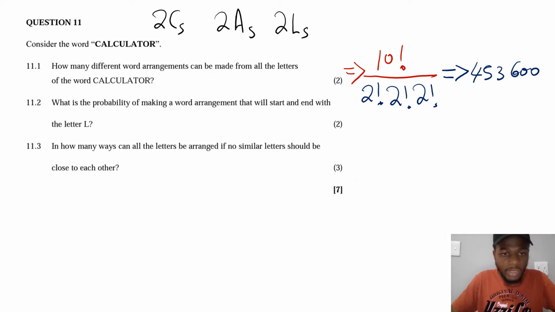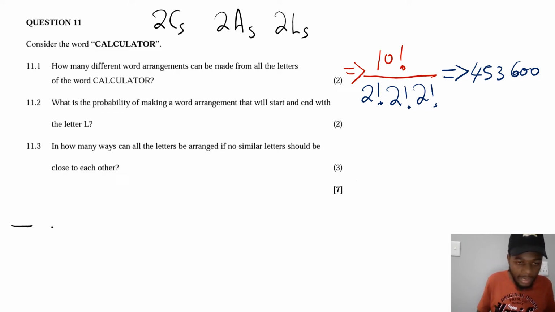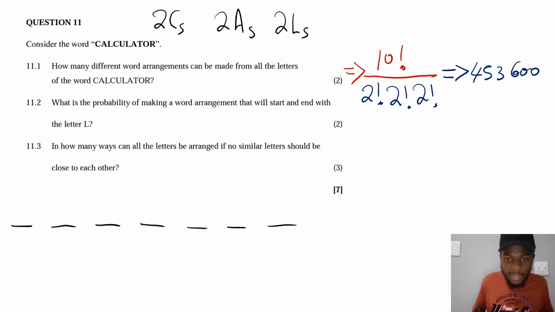What is the probability of making a word arrangement that will start and end with the letter L? It means the letter L is at the beginning and also at the end. Let me write this. How many letters do we have? 10 letters: 1, 2, 3, 4, 5, 6, 7, 8, 9, and then 10.